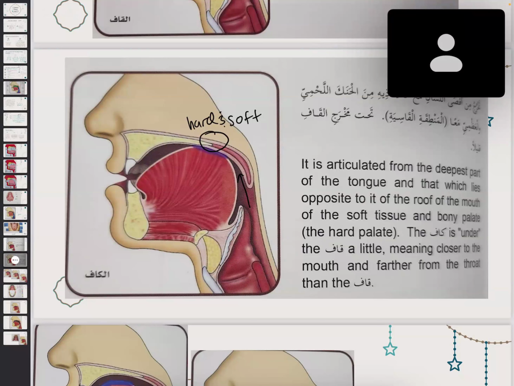From the middle of the tongue are 3 letters: ياء, شين and جيم.